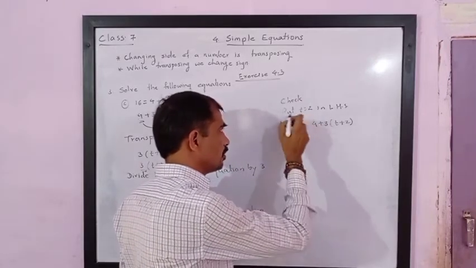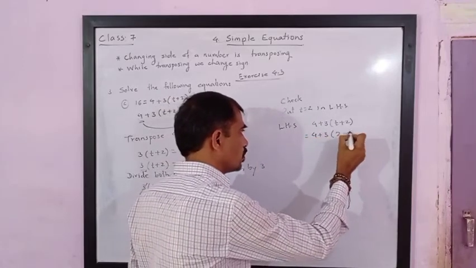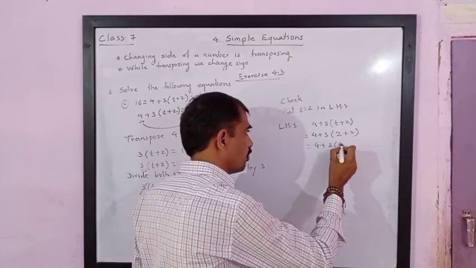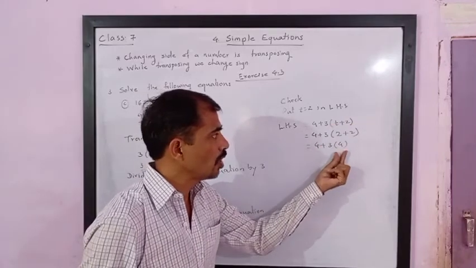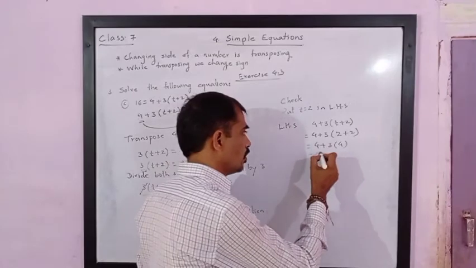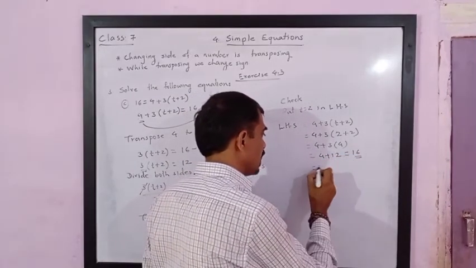So we'll get 4 plus 3 in bracket 2 plus 2. That is equal to 4 plus 3 in bracket 4. Please note here, we need to solve the bracket first, then we need to solve multiplication, then we have to add. So this is equal to 4 plus 12, that is equal to 16. It means that is equal to RHS.